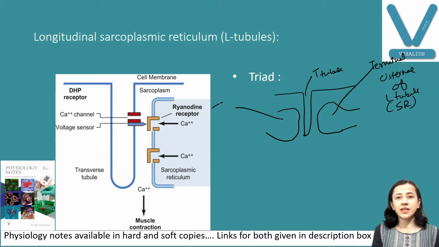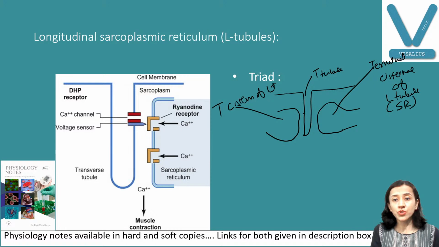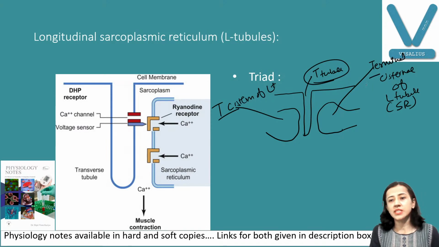This is again the terminal cistern of the L-tubule. So this structure is the triad. Three things: one T-tubule and two terminal cisternae form your triad. And this triad is present at the AI junction.